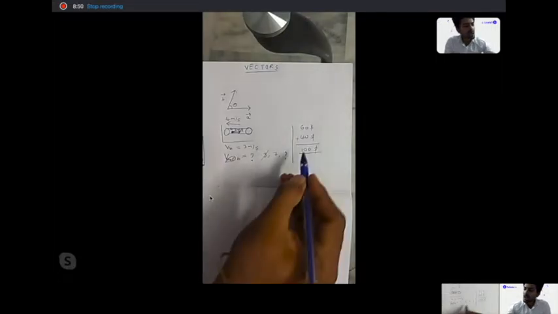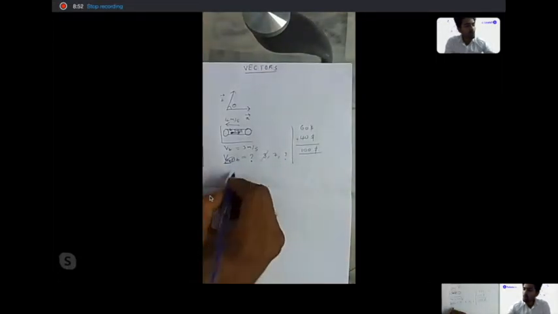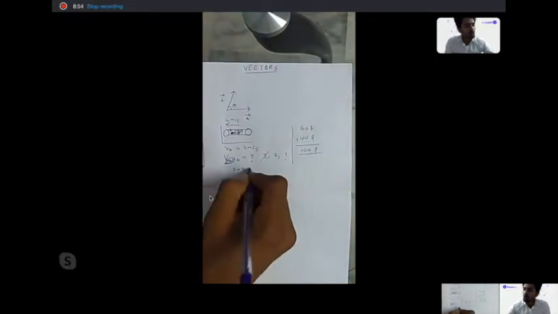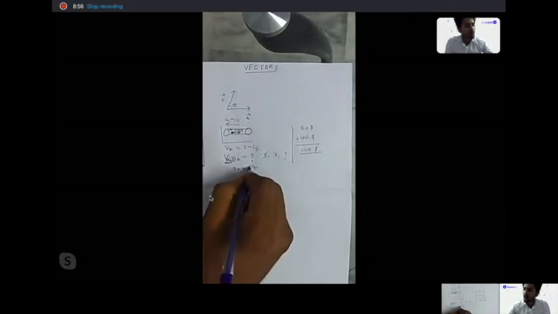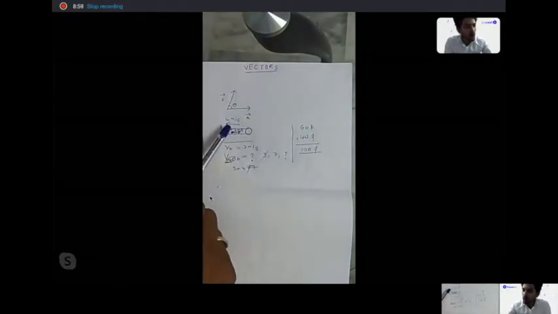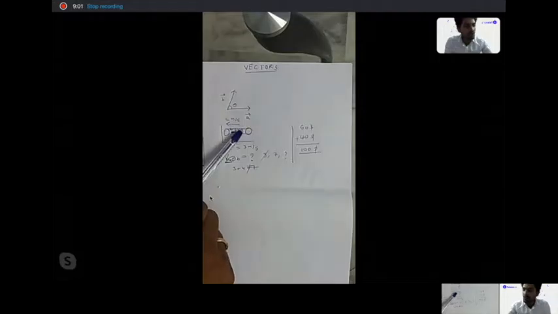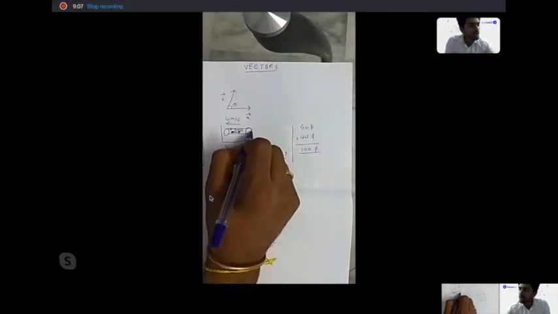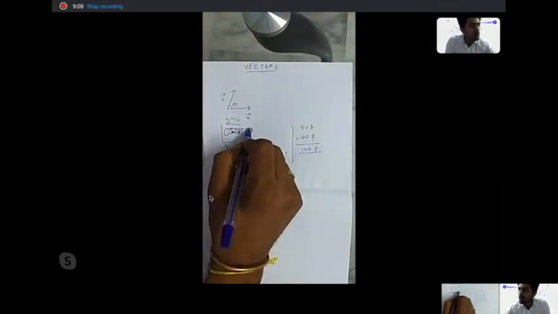Now if I ask you the same question of net velocity, it won't be 3 plus 4 equals 7, right? This won't be your answer. Although you have two velocities, one as 4, other as 3, the net answer won't be 4 plus 3. Why? We can see it clearly here because the tube is moving in the opposite direction, the ball is moving in another direction.